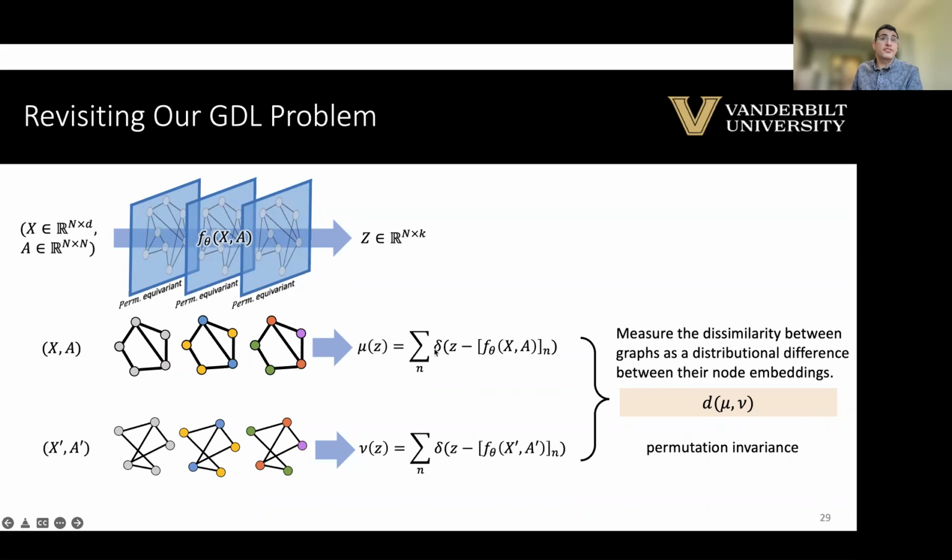We can even have different mass assigned to them if we want, but for simplicity, I'm just using equal mass for them. And then we can measure the distance between these two distributions through optimal transport. And then the output of this operation is going to be a permutation invariant value. So it doesn't matter how we permute our input nodes, after we are comparing these distributions, the optimal transport is going to take care of that permutation by solving this linear programming problem and solving this assignment problem.